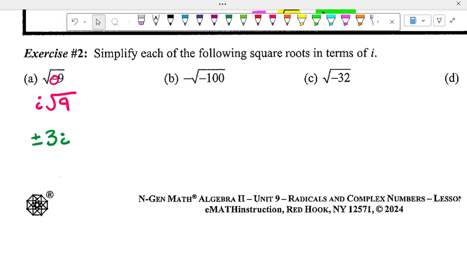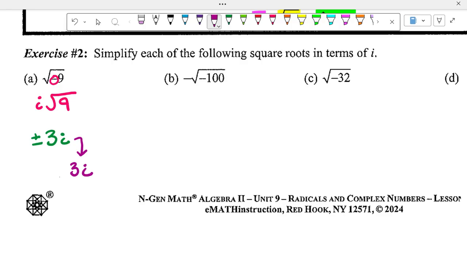Typically that's how you would answer if you were solving, but since it looks like they're getting a negative version over here, we're just going to also say 3i. I would accept either one of those right now. If you put the plus or minus in front of it, that's fine. If you put 3i, that's fine.